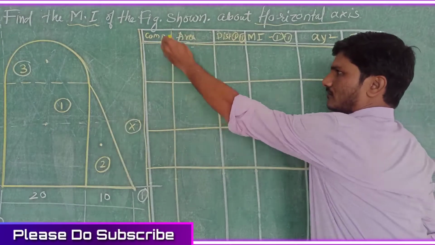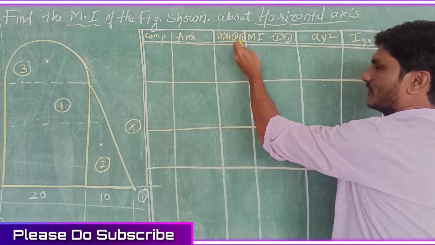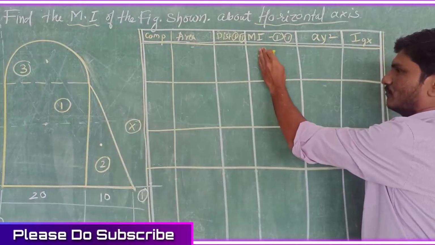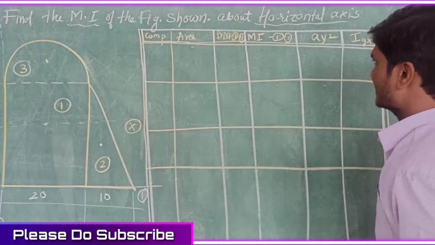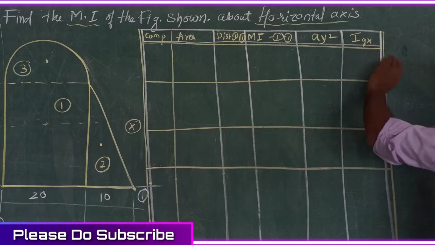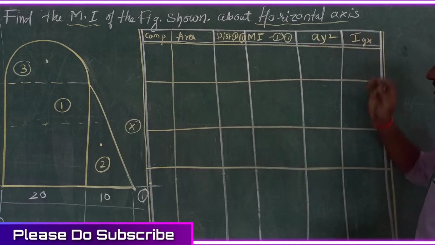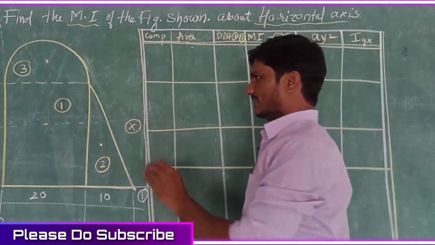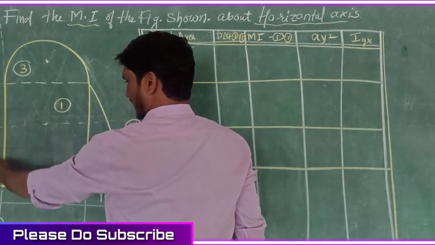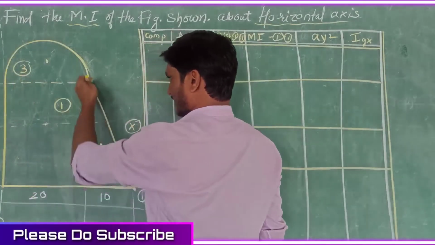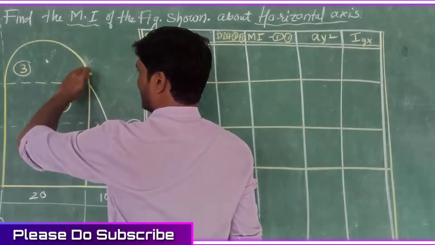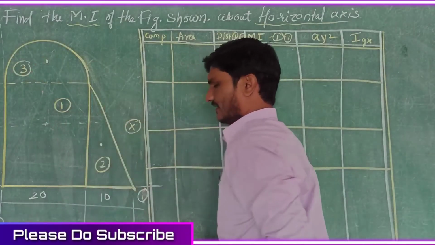The first column is the components and their area, then the distance from the reference line which you are going to calculate, and the moment of inertia from the reference line, then area into y square, and this is the moment of inertia for the particular section. We have three sections: one is a rectangle of 20 into 30, another is a triangle with base 10 and height 30, and another is a semicircle with a radius of 10 millimeter.